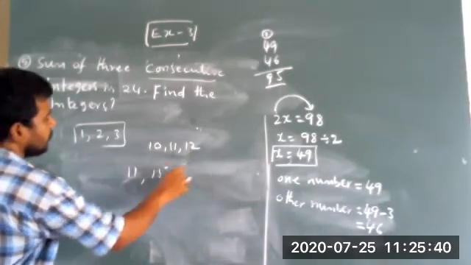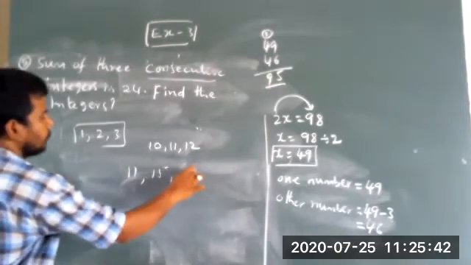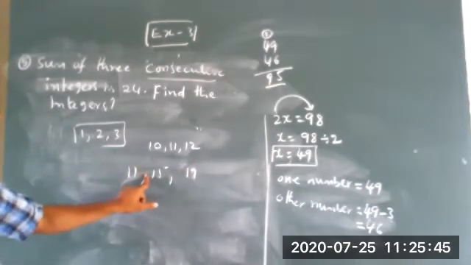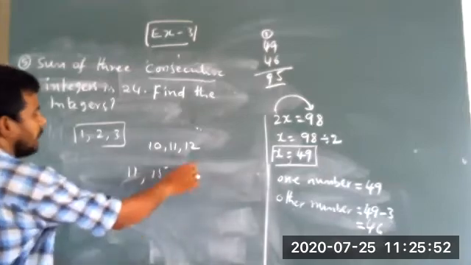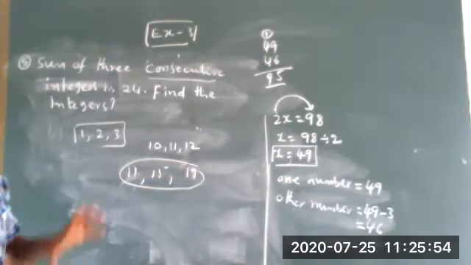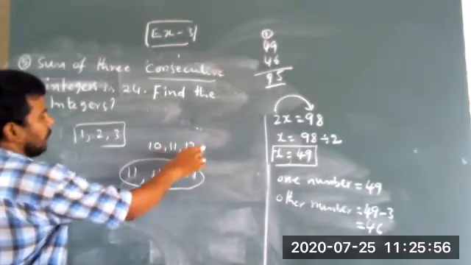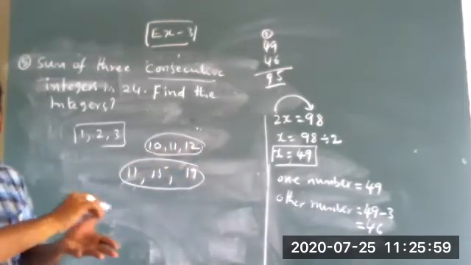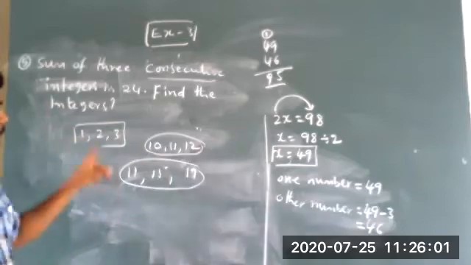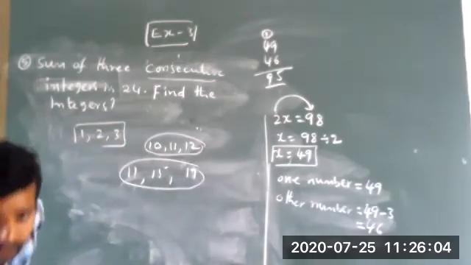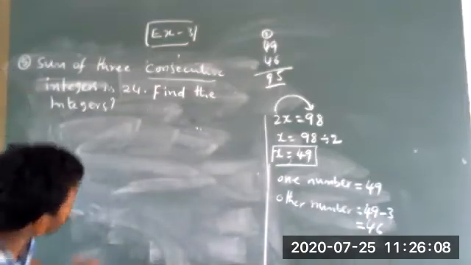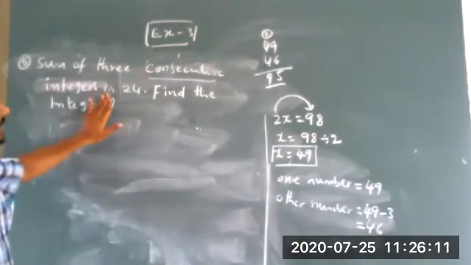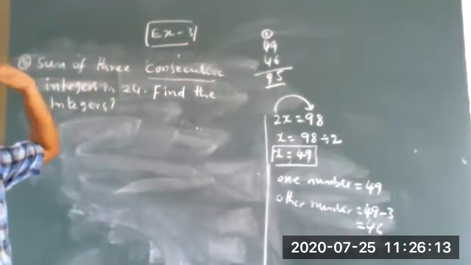But 11, 15, 16: after 11, 12, 13, 14 are missing, and 15 is missing. These are not consecutive. In Telugu, వరుస అంకెలు, consecutive numbers. So 1, 2, 3 are called consecutive. Clear, children? So the sum of three consecutive integers is given, but they have not given which numbers they are.